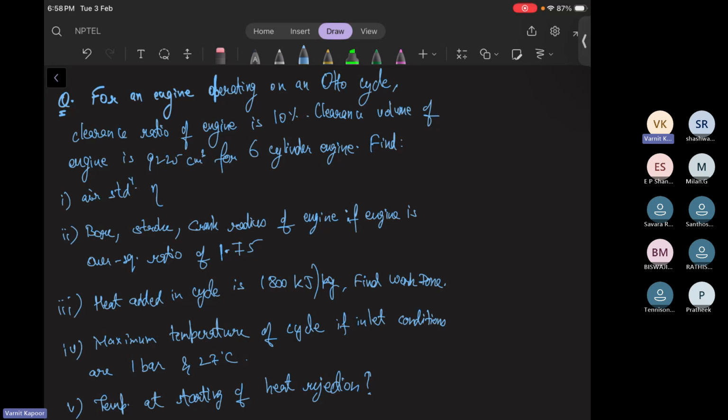Stroke value, crank radius. Heat added in the cycle, maximum temperature. Okay, let us solve then.